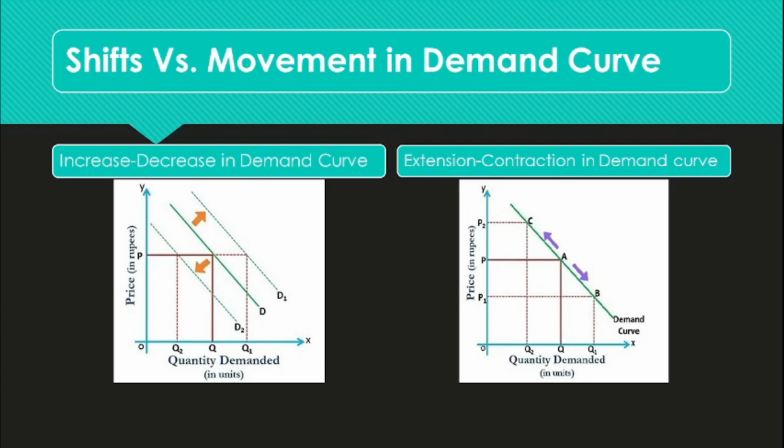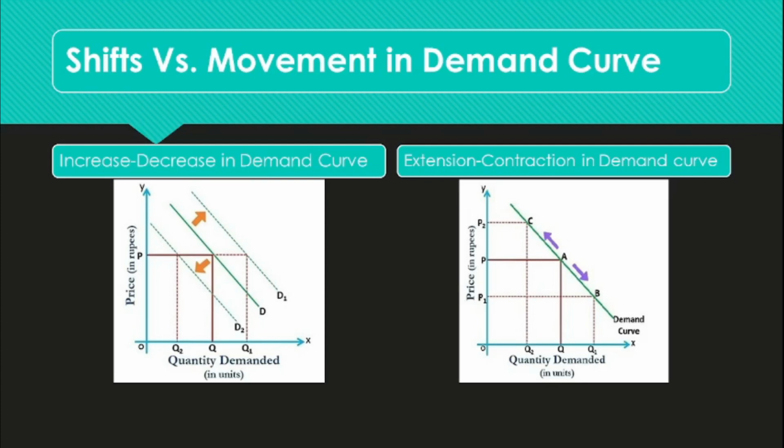So what is happening in this panel? We can see that there is a change in the quantity demanded because of the changes in the price of the commodity. From the original price P and original quantity Q, at that time we have a point A on the demand curve.